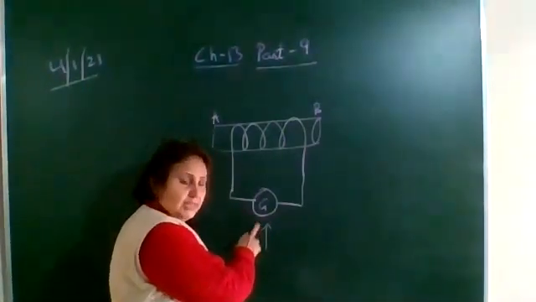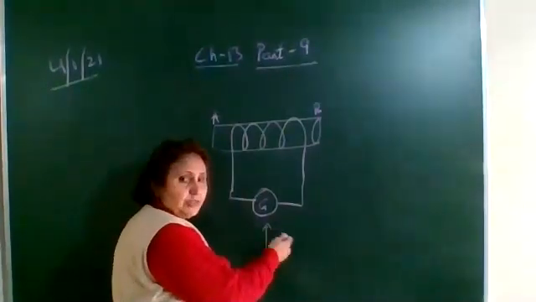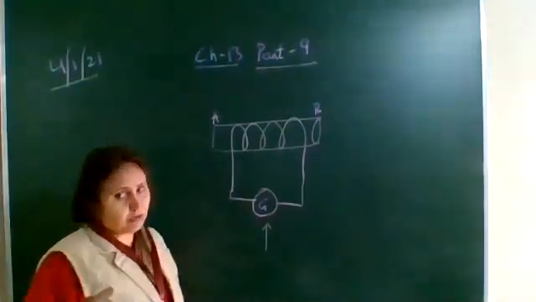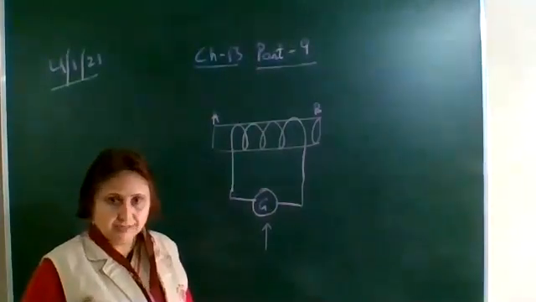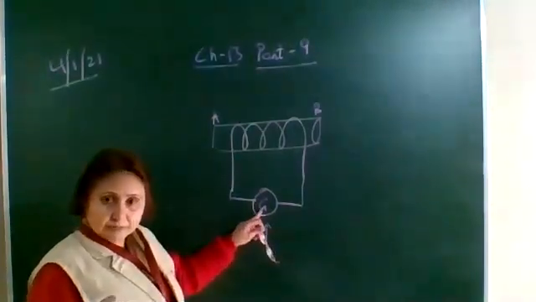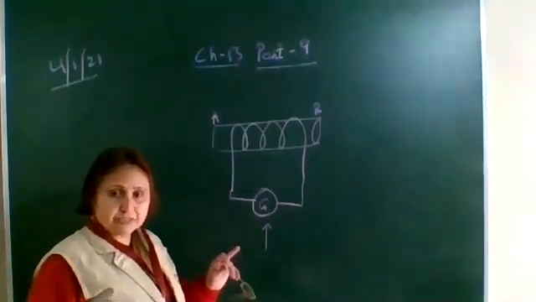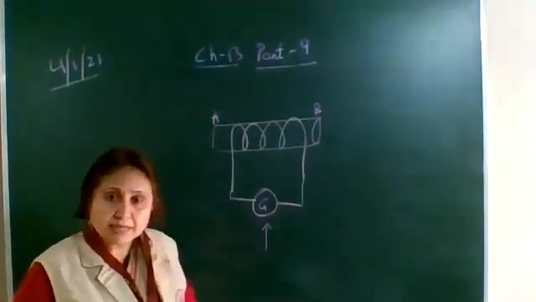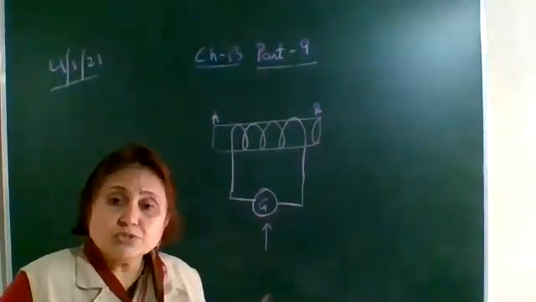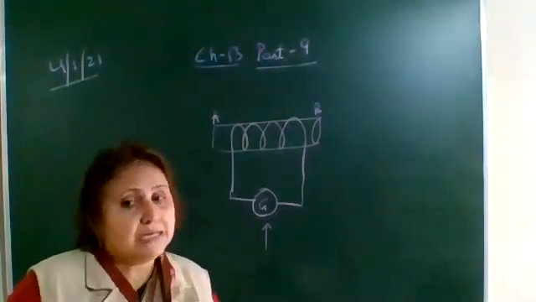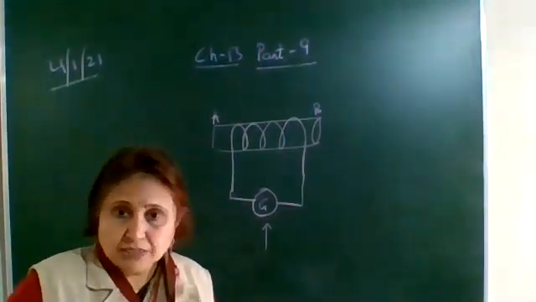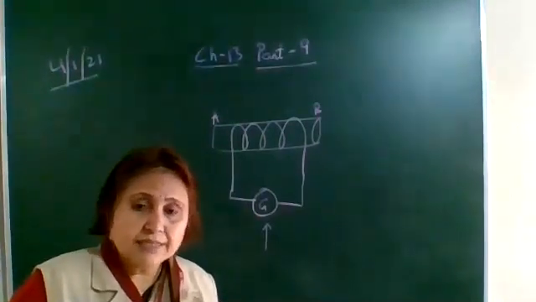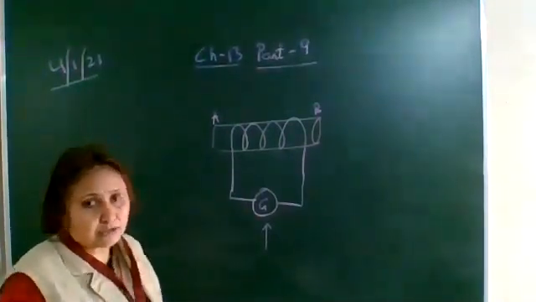The needle or pointer of the galvanometer will be deflected towards right or towards left. So whenever the pointer of the galvanometer is deflected, we say that the current is flowing. So what is a galvanometer? It is a device which is used to detect electric current in a circuit. So with the help of a galvanometer, we can detect whether the current is flowing in the circuit or not.